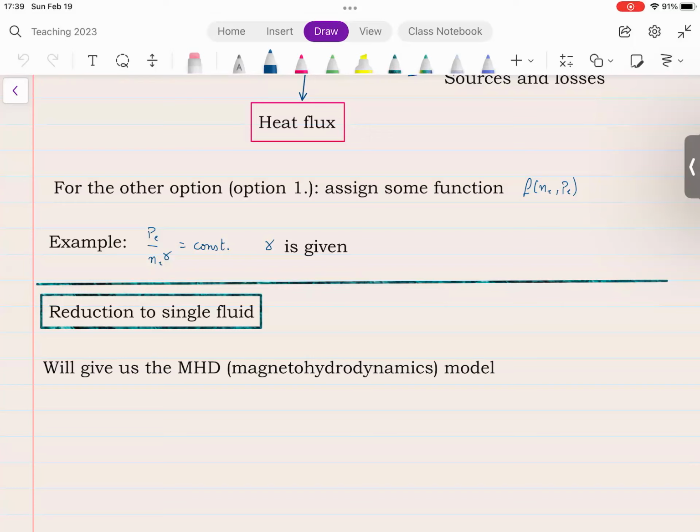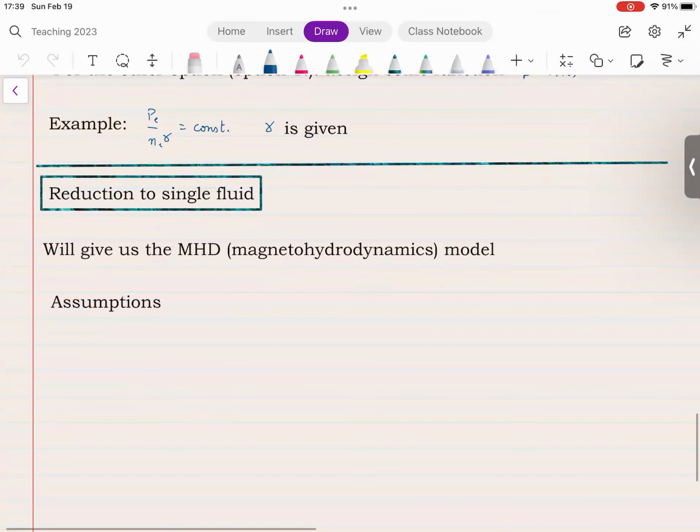A few assumptions I'm going to need, and maybe will not have the time to get into the detail. For length, we're going to have some length A that's going to be much larger than the Larmor radius.